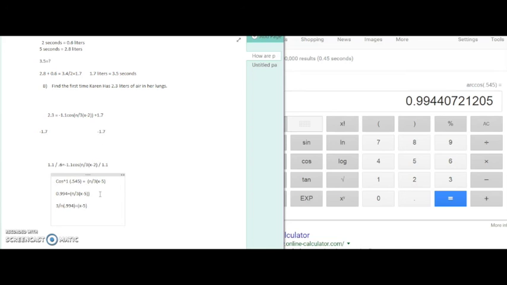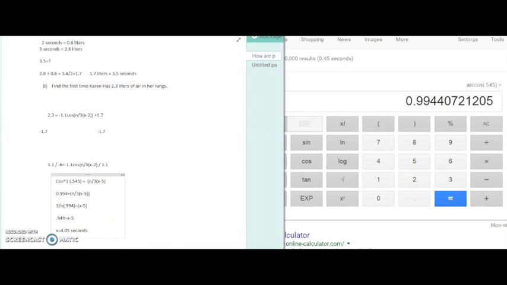Then after that, you multiply, and you will get 0.949. You set that equal to x minus 2, and you solve, and x will equal 4.05 seconds.